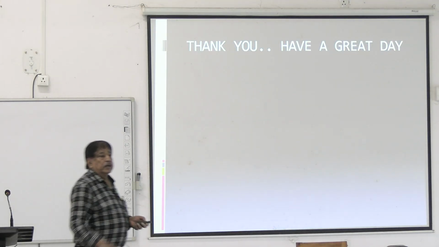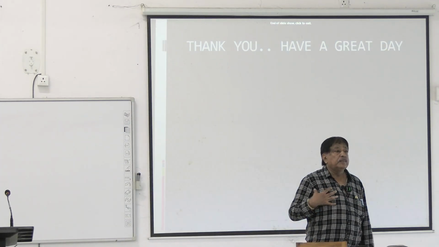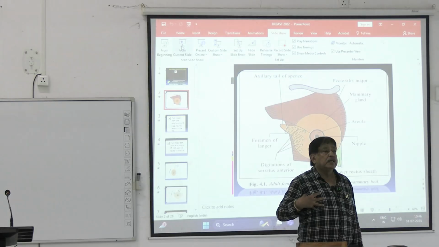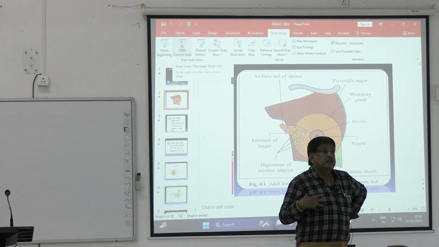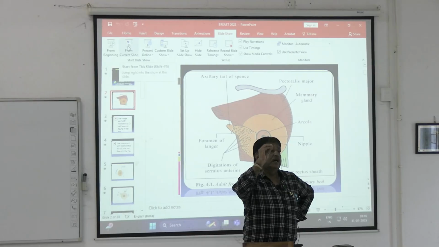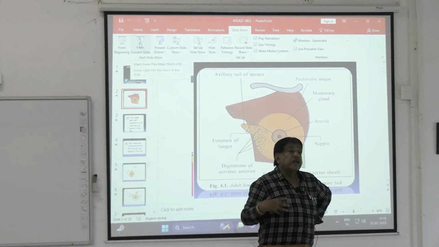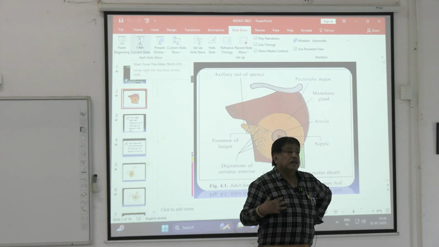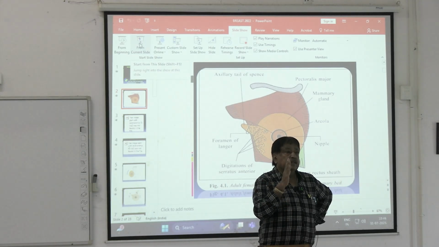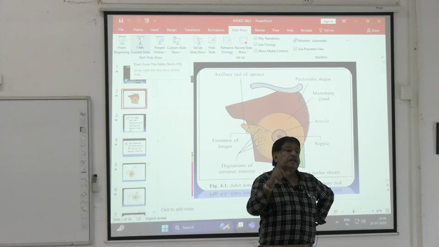Okay? In the upper limb, breast and thorax, there are 5 places: heart, your lung and breast. You might be having a question in any form.